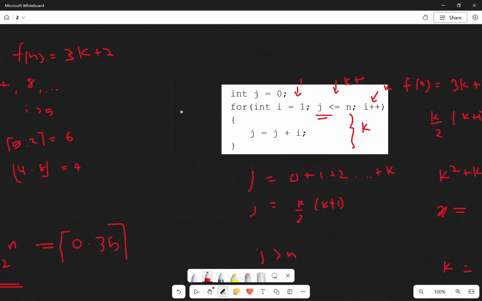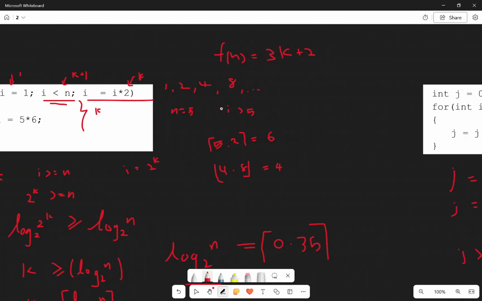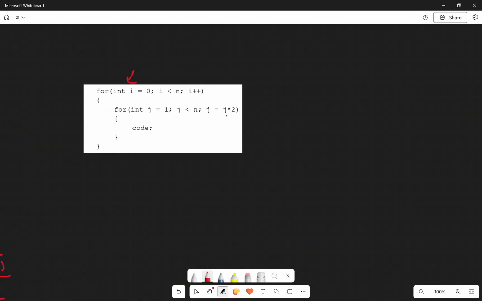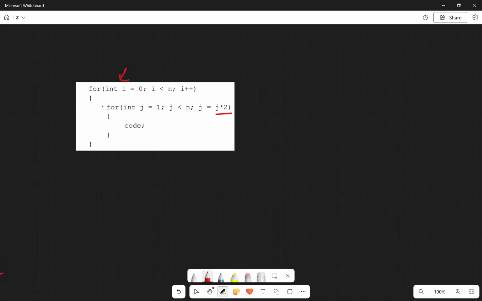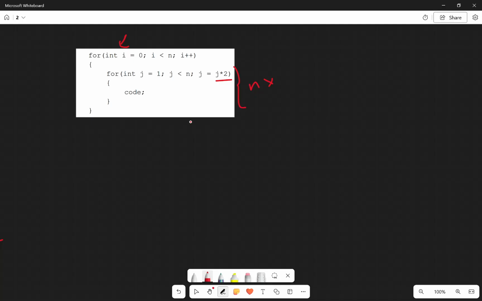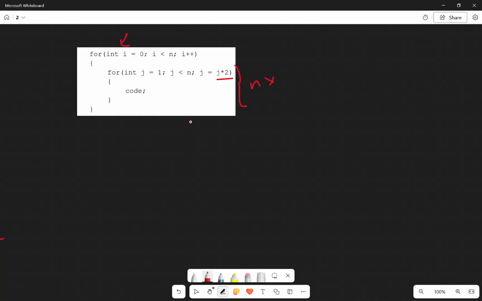Okay, over here you see i is multiplied by 2 after each iteration. That's happening over here as well. So all you have to do is get the value of this and multiply it by n. Okay, that's all. Do it on your own, and if you have any problems, just drop me a message. I'm not going to do it because it's very simple. All you have to do is just multiply and add those values.